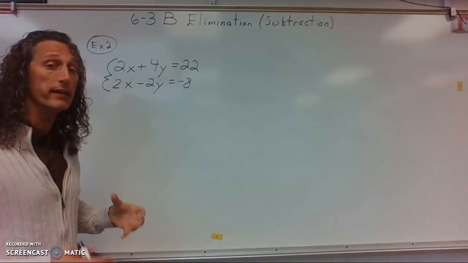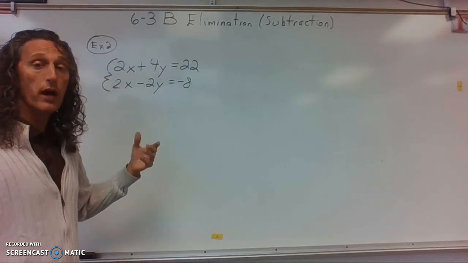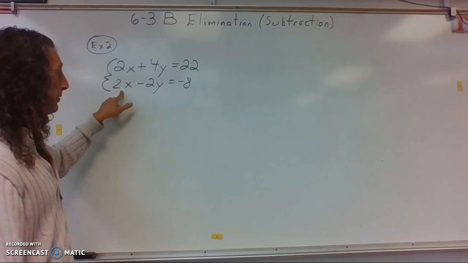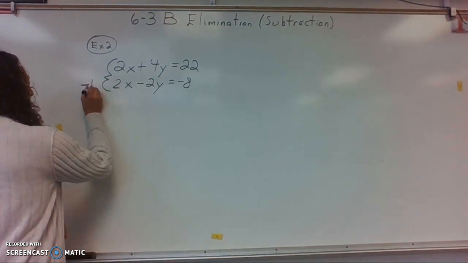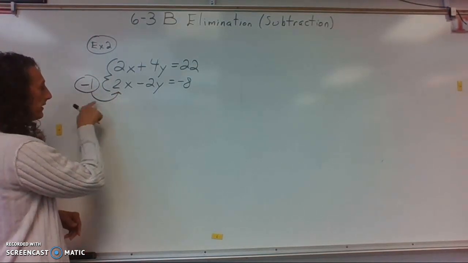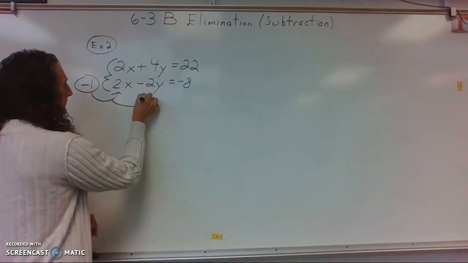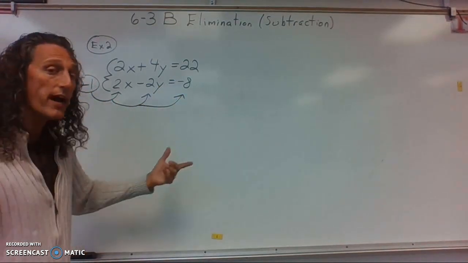So our first step is we have to turn one of these equations into an opposite. And what I'm going to do, I'm going to pick the bottom one. So I'm going to put my little -1 right here, and I'm going to multiply it by everything here. And then I'm going to very carefully rewrite it next to it.